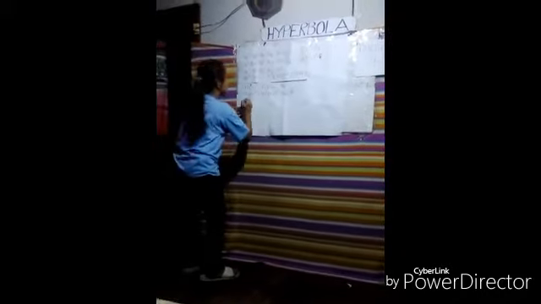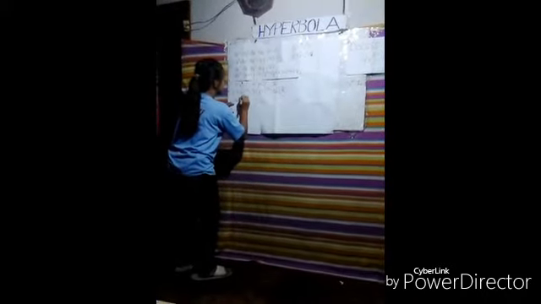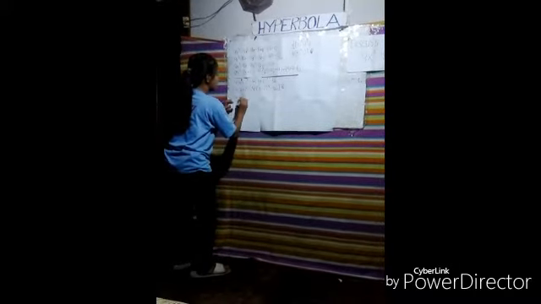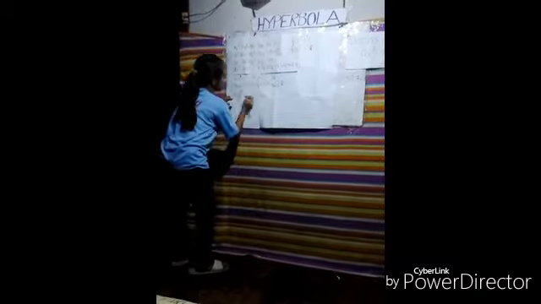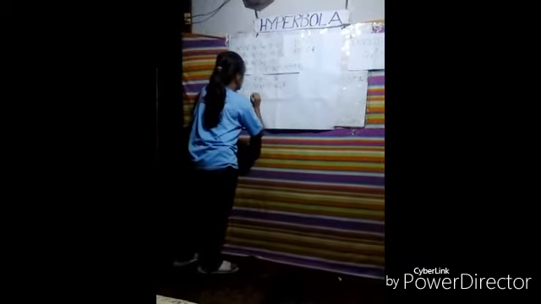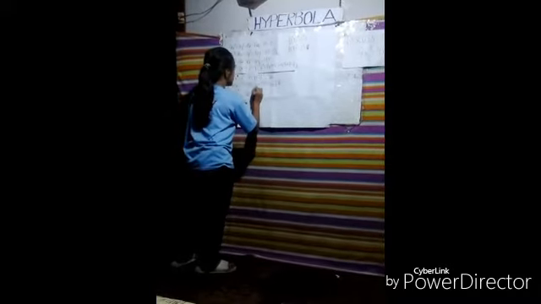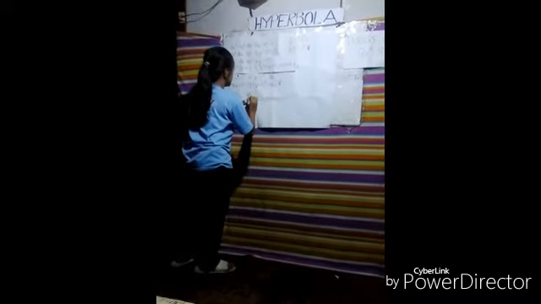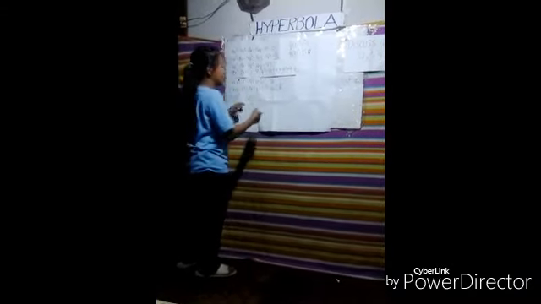Then (x minus 1) squared over 4 minus (y plus 2) squared over 9 is equal to 1.